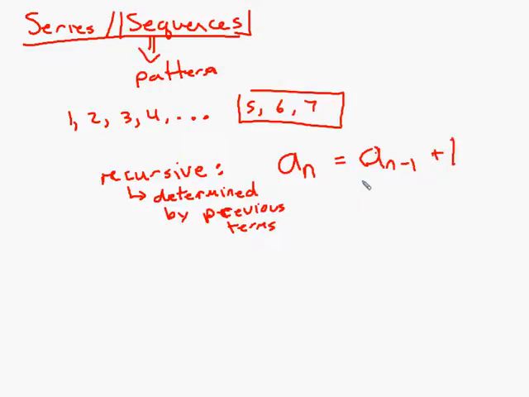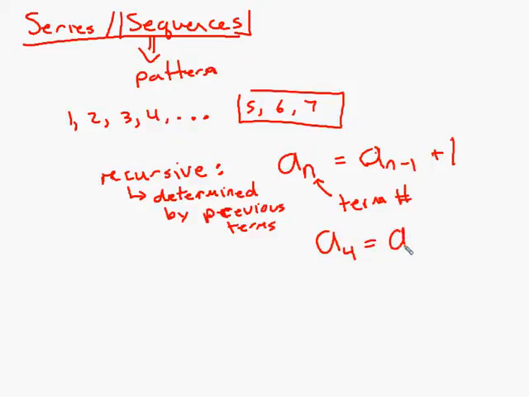So that's a recursive formula because our term, whatever term number we want, and that's n is our term number, so if I wanted, in this case, a sub 4, I take a look at the third term.